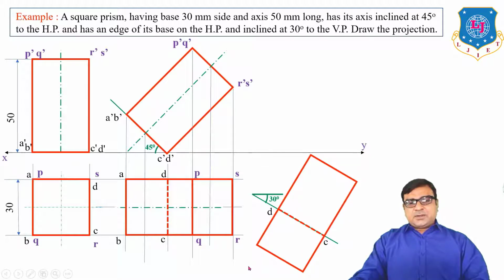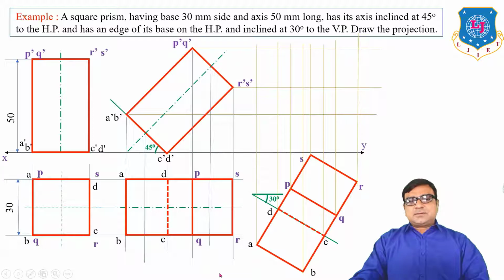The size of both the drawings must be the same. So put PQRS, ABCD and top. Now when you extend vertical and horizontal lines, the intersection points give A dash, B dash, C dash, D dash and P dash, Q dash, R dash, S dash.